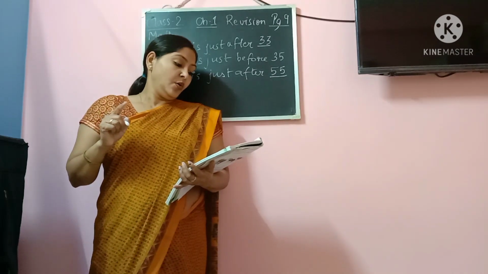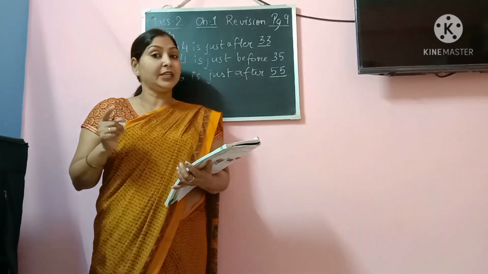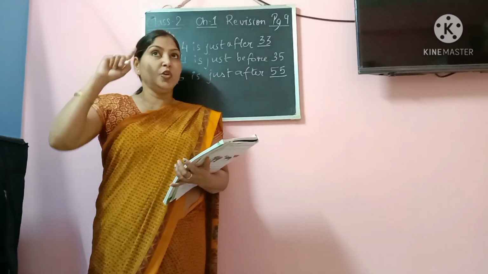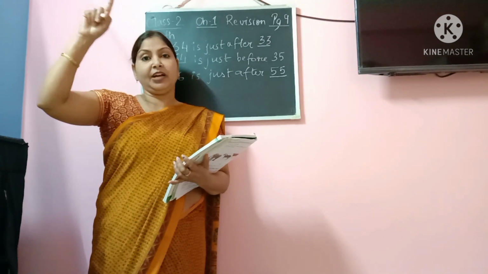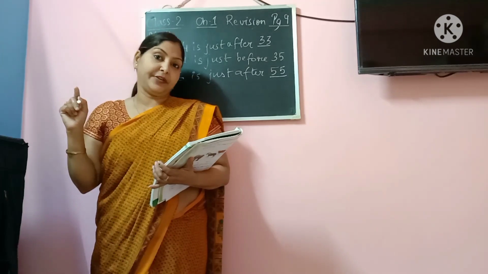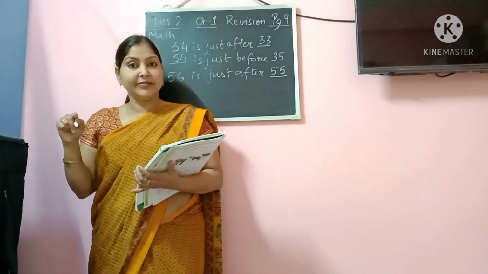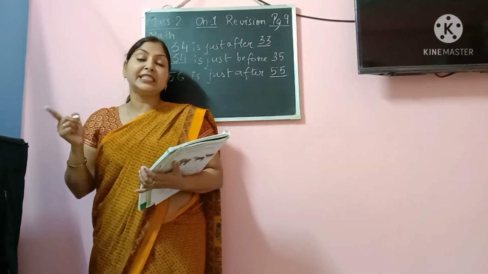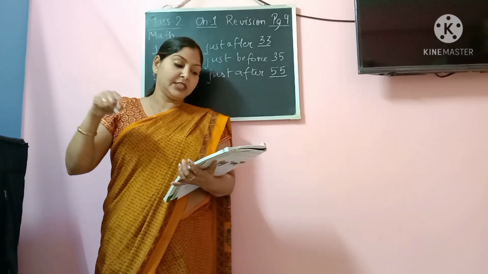Next, dash is just before 77. What is just before 77? Imagine the counting from 71, 72, 73, 74, 75, 76, 77. Obviously 76. So 76 is just before 77. Okay, so that green box is done.